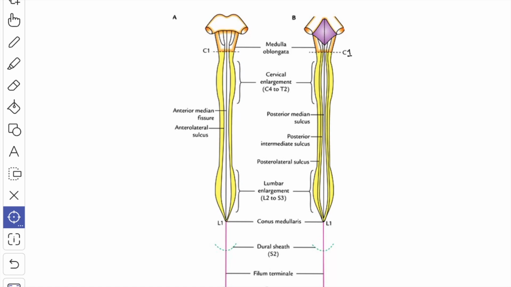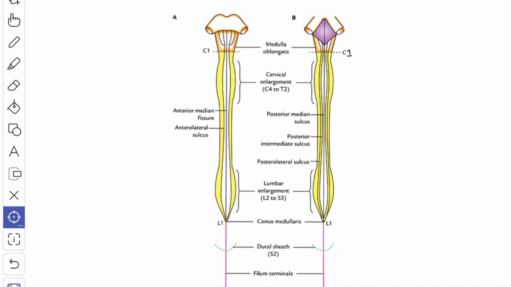The vertebral levels of these enlargements are quite different from those of the spinal segments. The cervical enlargement lies opposite to the third cervical to first thoracic vertebrae, and the lumbar enlargement lies opposite to the 9th thoracic and the first lumbar vertebrae.